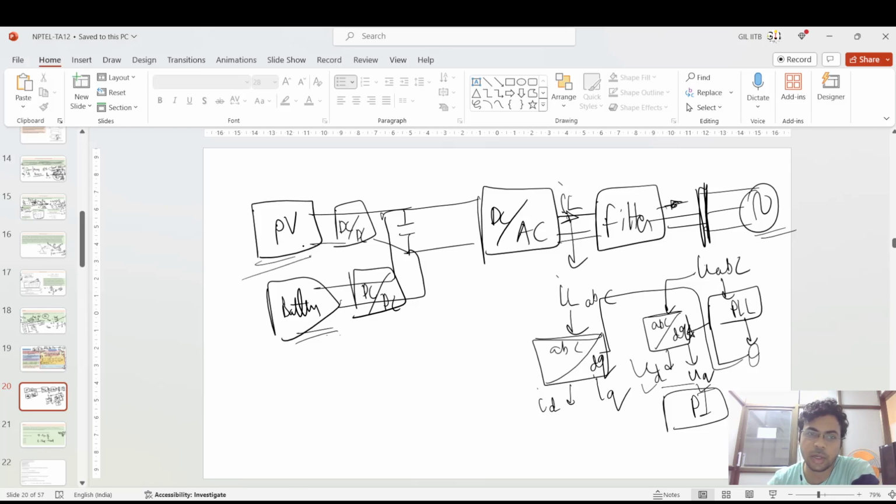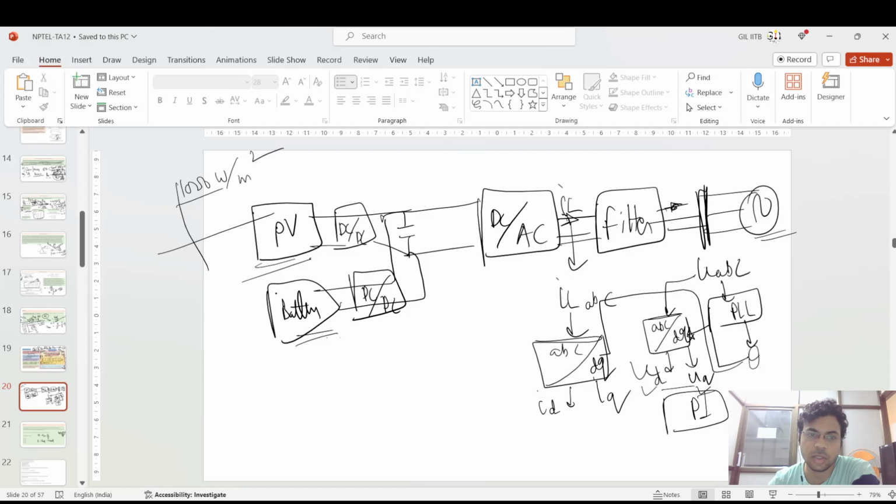This battery will be charged or discharged based upon the PV irradiance. Suppose the PV irradiance is 1000 watt per meter square. In this situation, the battery is not needed because the PV is generating as much as is desired to maintain 600 volt here.